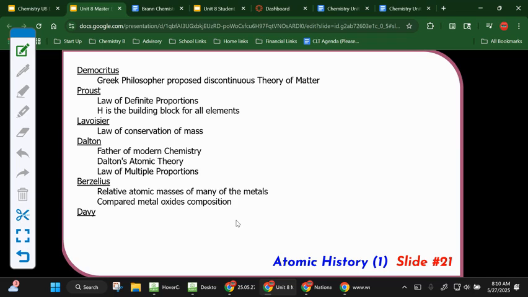Davy's on your blue sheet. Okay. Davy gets credited with discovering most of the alkali metals, ladies and gentlemen. Now, the alkali metals are the most reactive metals on the periodic table. You very rarely, if ever, find them alone.